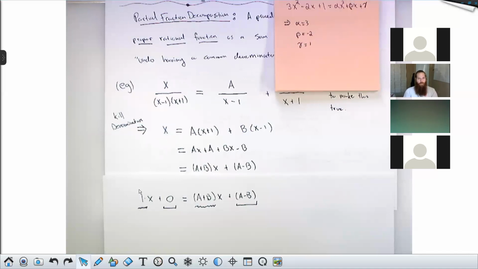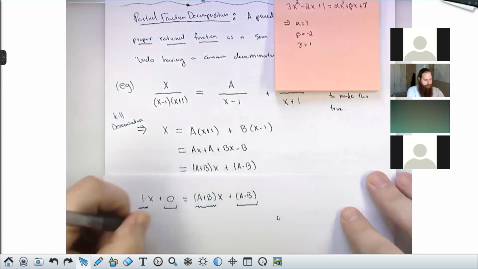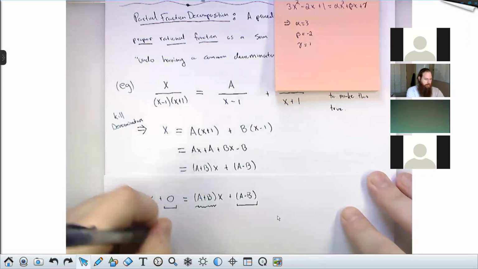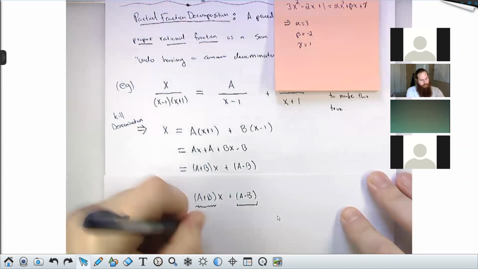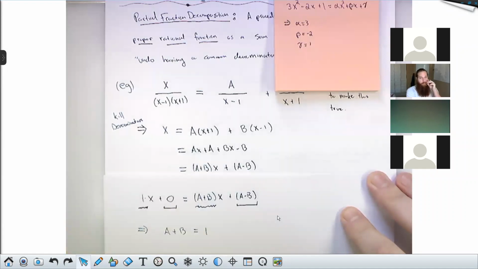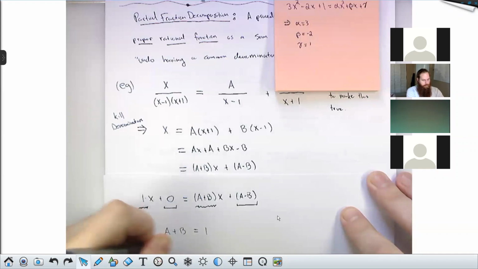X is 1x plus 0. And this is a plus b times x plus a minus b. So just like this tells me alpha has to be 3, this tells me a plus b has to be 1. And this tells me a minus b has to be 0.